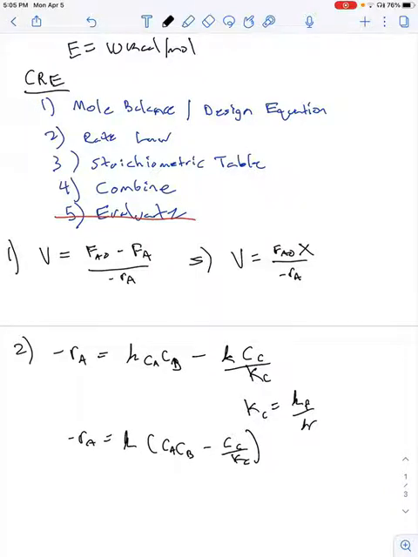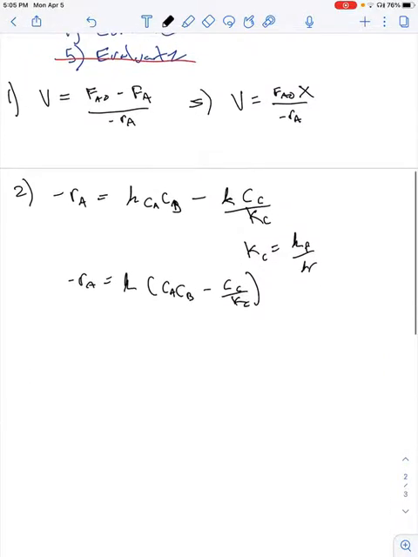So then for the next step, part 3, we do our stoichiometric table.